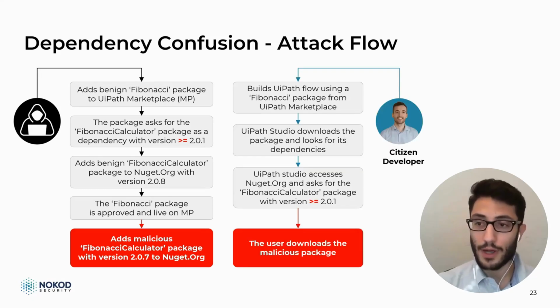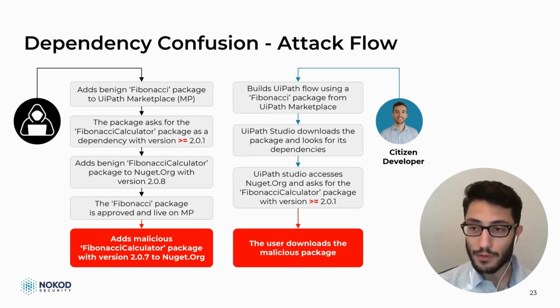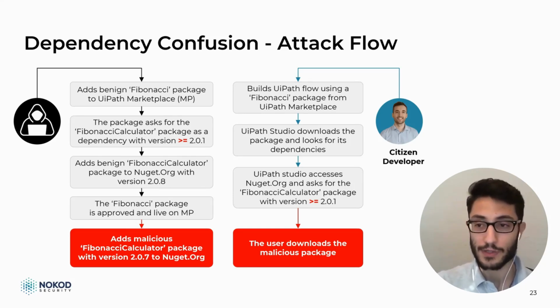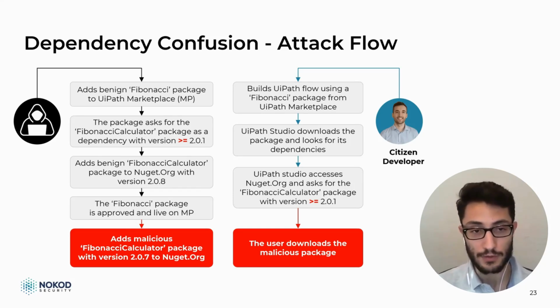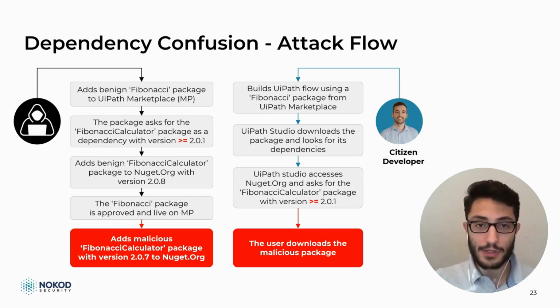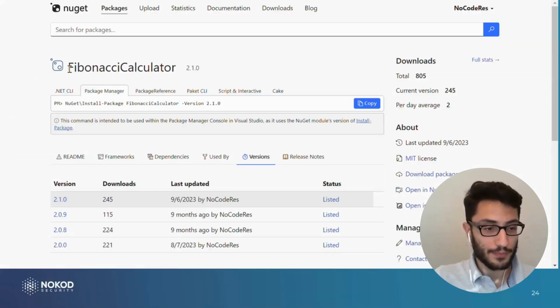When the user tries to add the Fibonacci package as a dependency, it will look for version 201, which does not exist, and will find the malicious package version 207. And this is how the attacker manages to run malicious code on the local development environment.